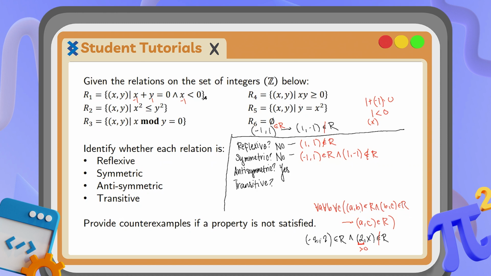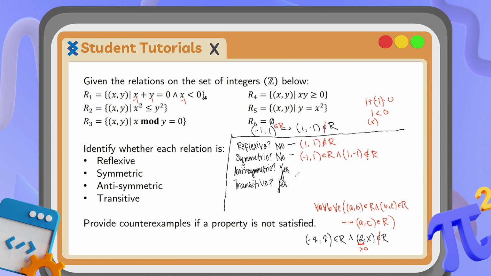And then if we try something like this, this would also make the transitive property true as well. And therefore, if you think of pairing other values with it that satisfies this condition, it would result to this relation being transitive in terms of its properties. So that is for item 1.